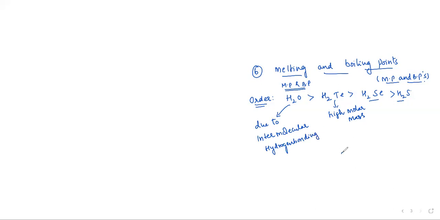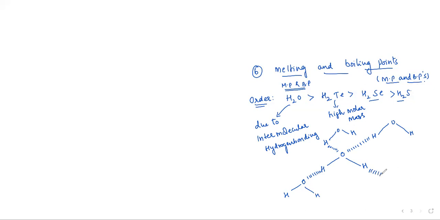Moreover, if you consider one water molecule, this oxygen has the ability to form a hydrogen bond with the hydrogen of another water molecule nearby. This oxygen also can form hydrogen bonds with nearby water molecules.